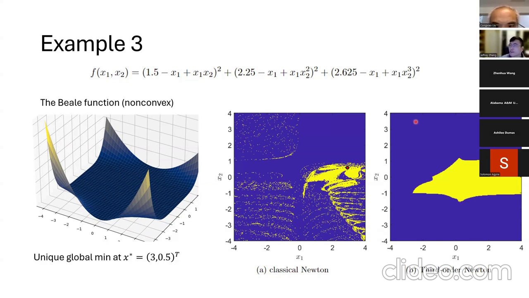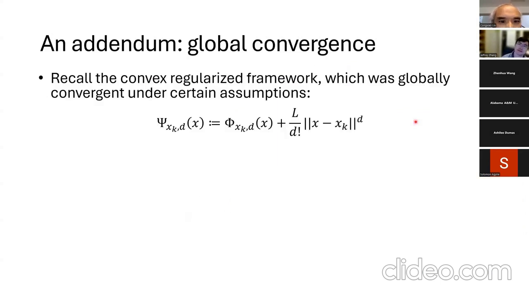The last thing I wanted to mention for this talk is that basically all of our results were local. We talked about the local convergence of our algorithm. You can make a small tweak to it that gets you global convergence. In a scenario where you do know the Lipschitz constant of the function you're trying to minimize, you could apply this convex regularized framework where you know exactly what coefficient to put out in front.